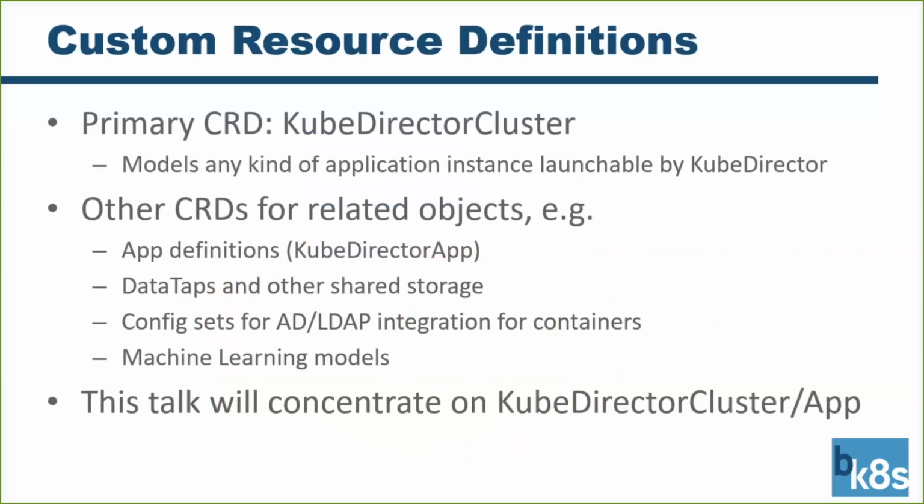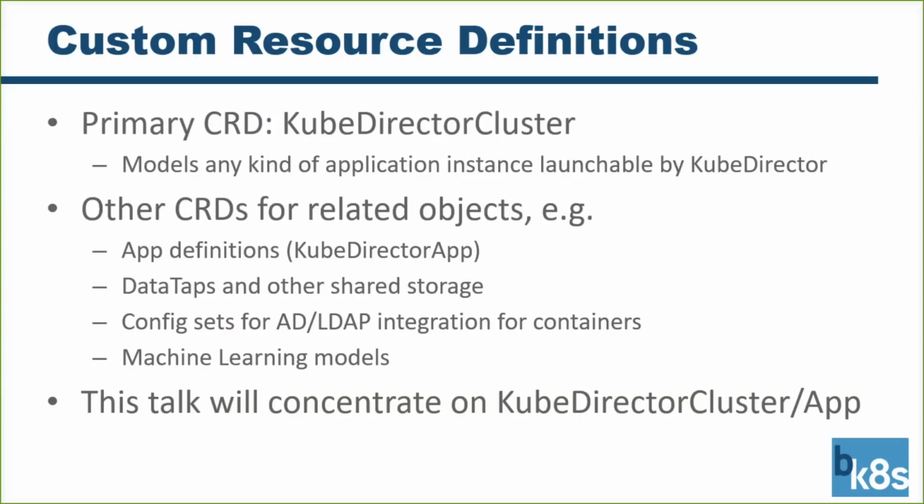So finally, before we get into some demonstrations and details, the custom resources are really the heart of what we work with and what any custom controller works with. And there's a few custom resources already present if you check out the KubeDirector GitHub repo today, and we're talking internally and with some other people about future features that are going to use many more custom resources.